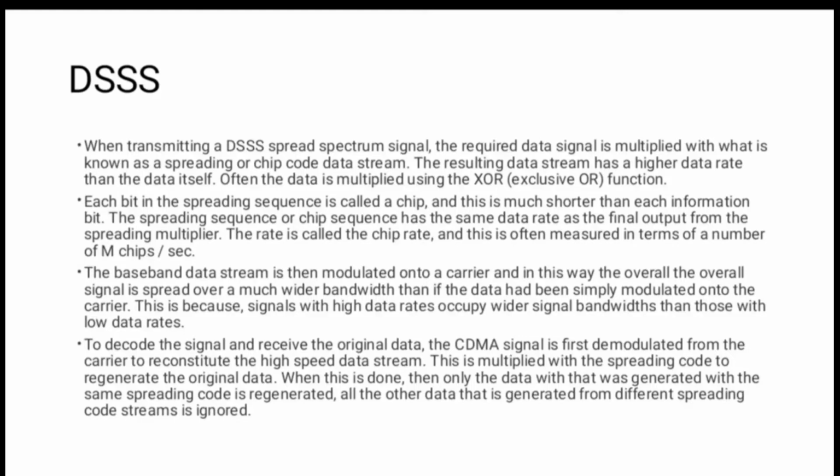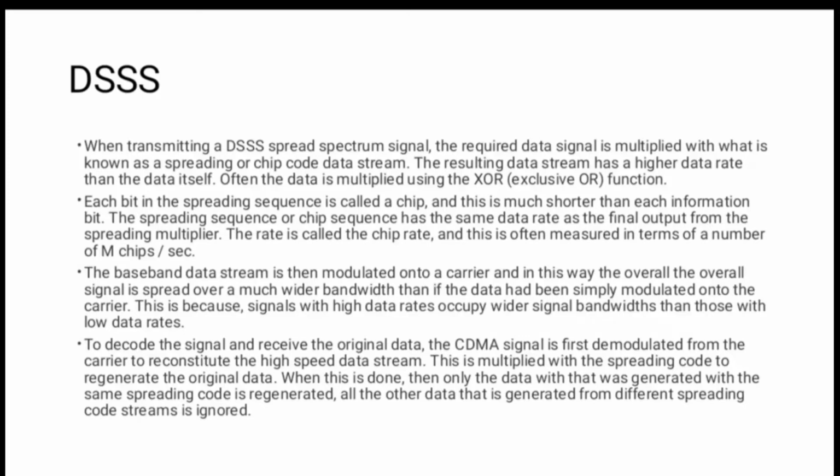The baseband data stream is then modulated onto a carrier, and in this way the overall signal is spread over a much wider bandwidth than if the data had been simply modulated onto the carrier. This is because signals with high data rates occupy a wider signal bandwidth than those with low data rates.